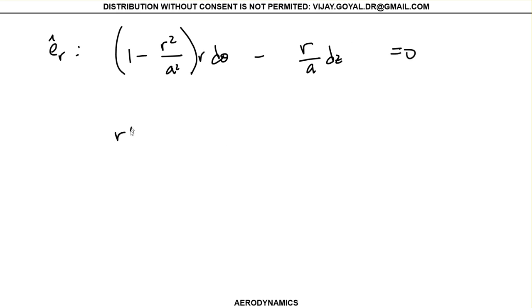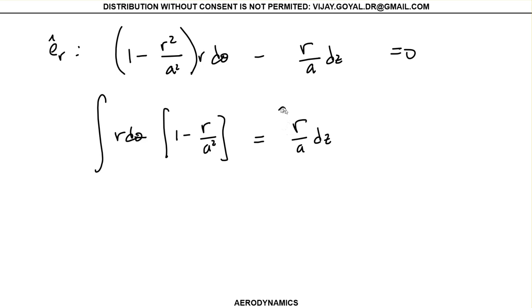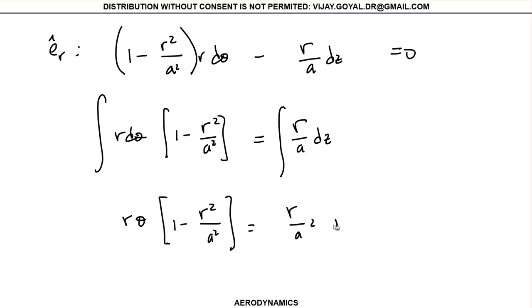So in other words, r d theta times 1 minus r over a squared has to equal r a dz. So I could go ahead and integrate on both sides. If I do that, I find this gives you r theta times 1 minus r squared over a squared, equals r a z, and you're going to have a constant.